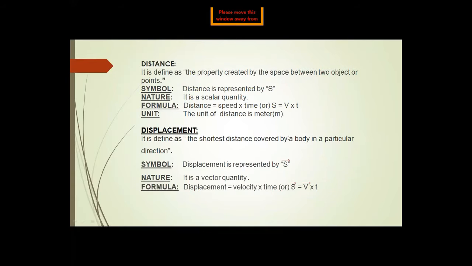Now if you compare distance and displacement, you can observe that in distance we use V because that is speed, while in displacement we also use V, but when we put an arrow over the V, it turns into velocity.